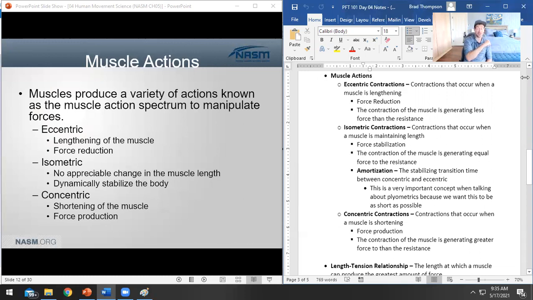But unfortunately, the amount of force they're generating is greater than the amount of force I'll probably be able to generate. So what's actually going to happen is I'm going to eccentrically lengthen instead, right? So that's the big difference, right? Concentric is shortening, eccentric is lengthening, isometric is stabilizing.